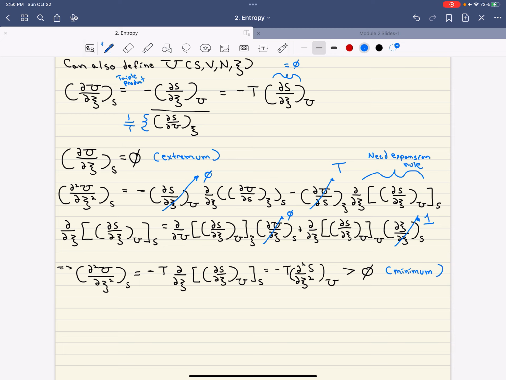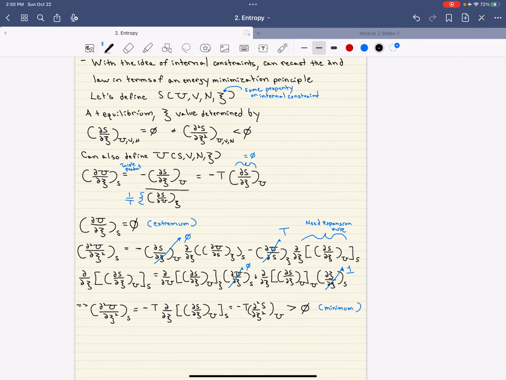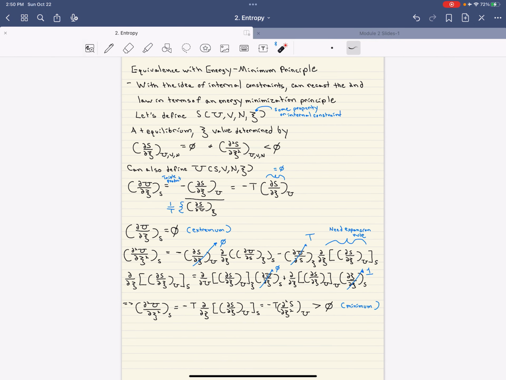The point of this exercise was to show that our definitions for equilibrium, which were based on entropy before, equivalently we could also base them around energy.